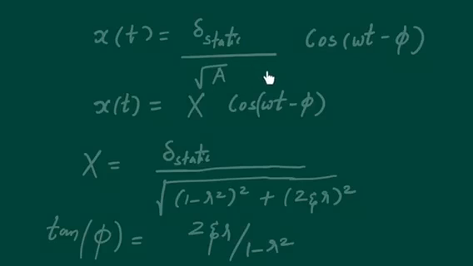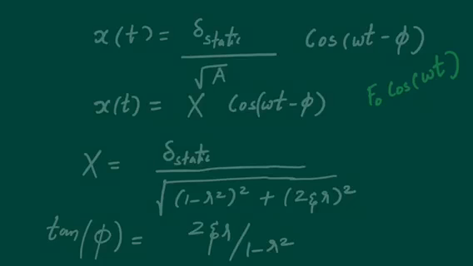So we have a forcing function which is varying like F0 cos omega t. Now, there is a definite phase difference between the excitation and your response, and it is given by phi. So that is the phase difference.